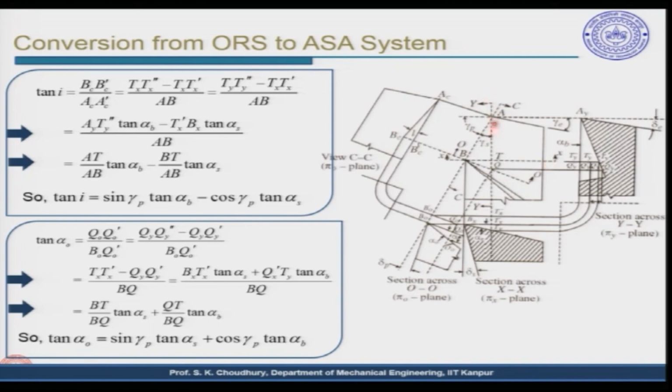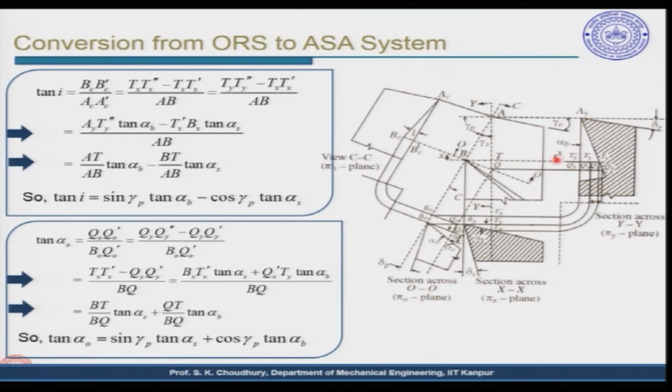In the transverse plane you have the rake face here, you have the flank face here. Therefore, this angle will be the back rake angle as in case of the coordinate system, and this angle is the end flank angle as in case of the ASA system. So, this is the view along the YY section which is actually in the ASA system.